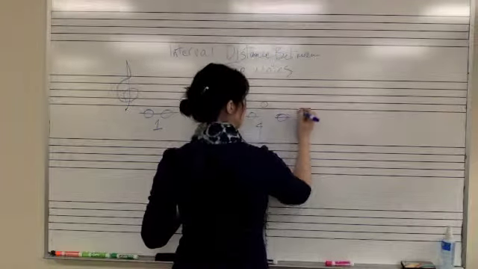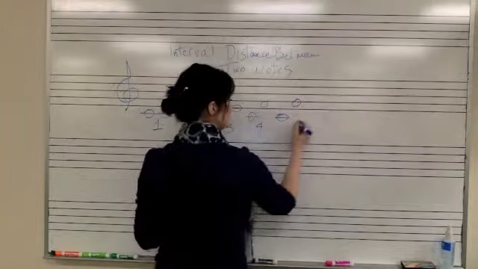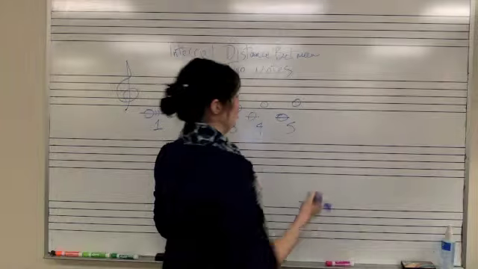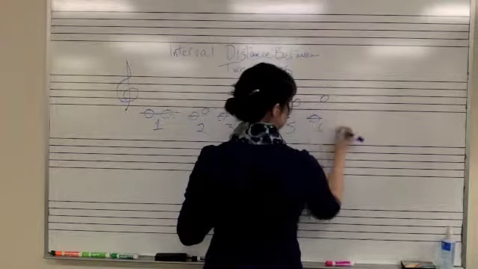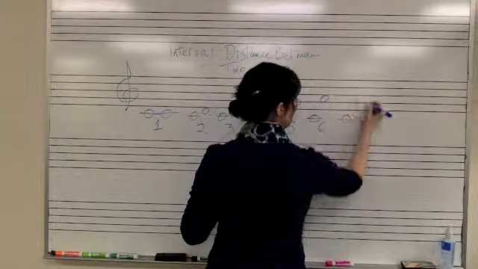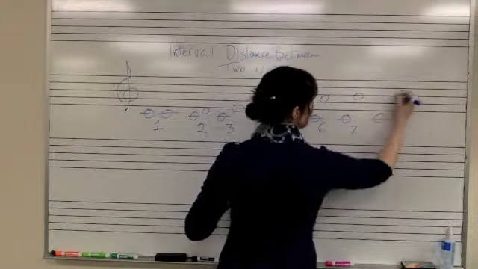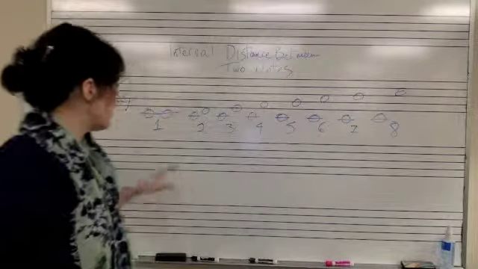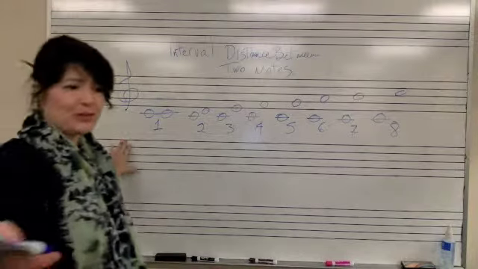So between C and G, it's a fifth, or an interval of 5. Between C and A, space of 6. Between C and B, space of 7. And then finally, between C and C, it's a space of 8, or an octave. So that is straight up intervals.